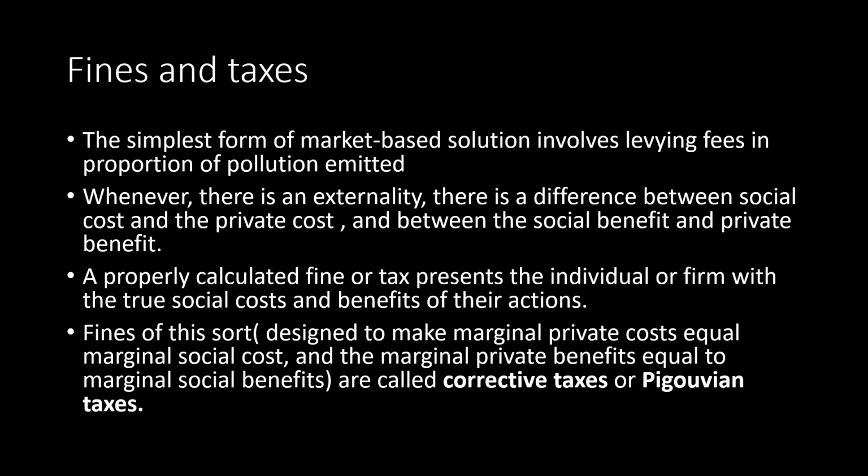A properly calculated fine or tax presents the individual or firm with the true social costs and benefits of their actions. Fines of this sort, designed to make marginal private costs equal to marginal social costs and marginal private benefits equal to marginal social benefits, are called corrective taxes or Pigovian taxes.